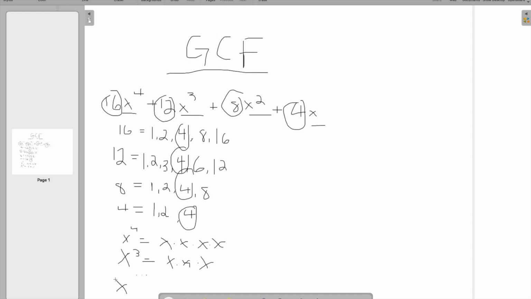And then x is just x. So you can see x is the greatest common factor out of all of them, and you want to multiply the greatest common factor for the coefficient and the degree, so it's going to be 4x. That's going to be the GCF for the polynomial.